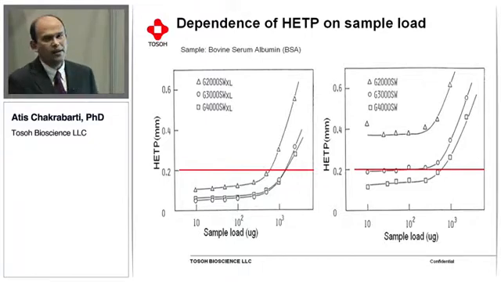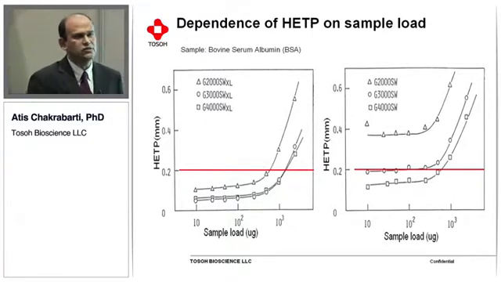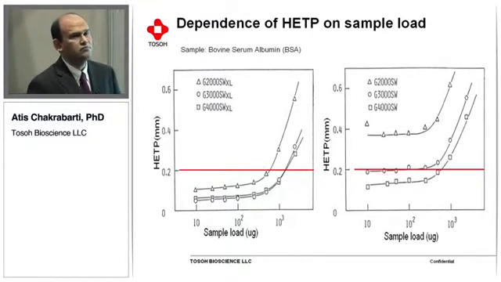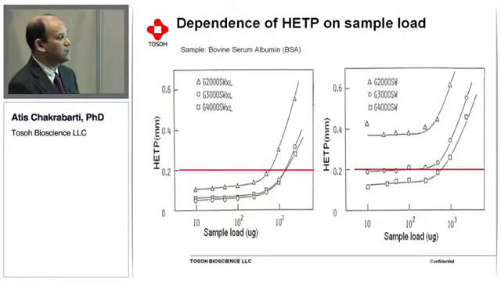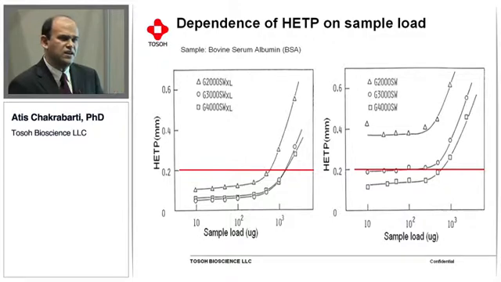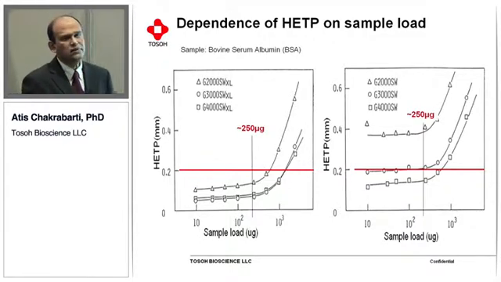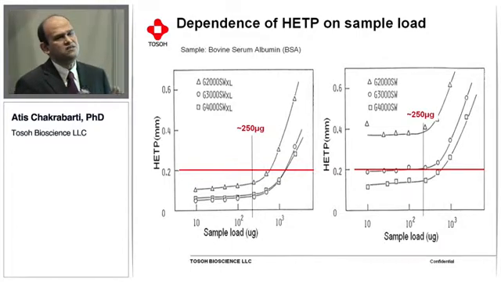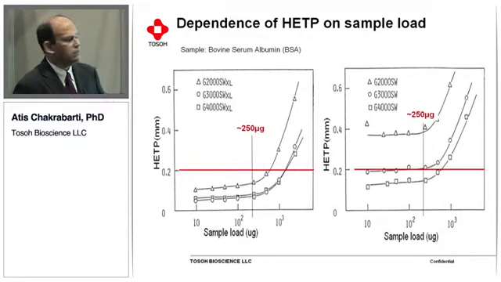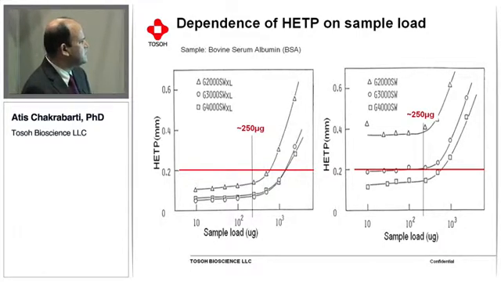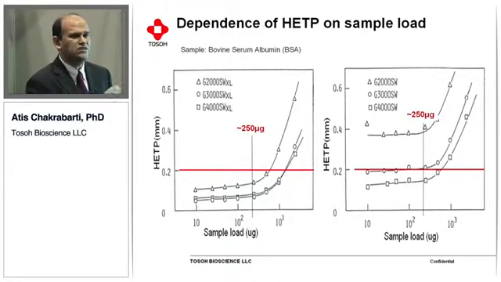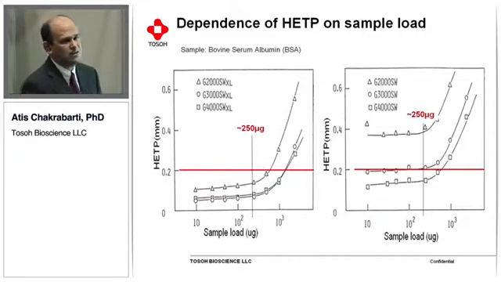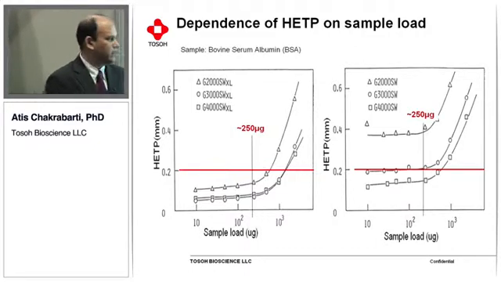In general, the SWXL column line, because of the lower particle size, performs much better compared to the SW column line. But in terms of loading capacity, they are more or less the same. About 250 microgram. We generally say 100 microgram, but strictly speaking, even 250 microgram works pretty well without much loss in efficiency. But after that, it starts dropping very, very quickly.